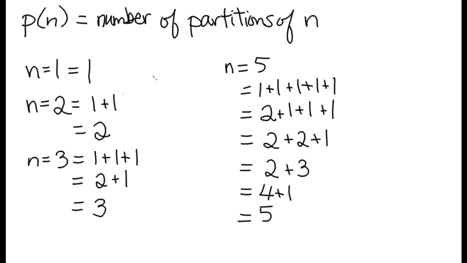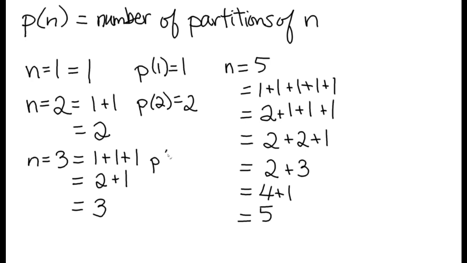So if I wanted to think about P of n for each of these values of n, P of 1, well, how many ways could I break up 1? Just the 1. P of 2, how many ways did I break up 2? 2.